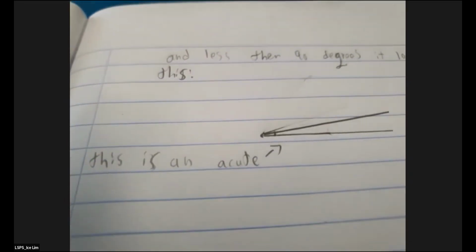Okay, and here, well, I'll say something like, oh, angles. Here he says angles are kind of like corners.